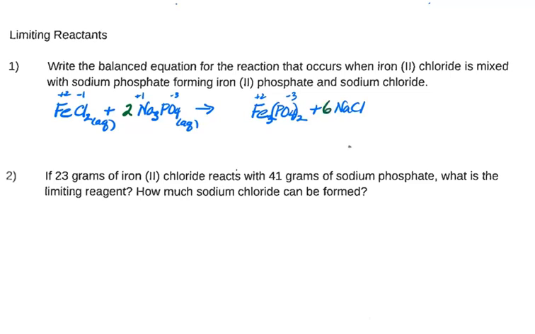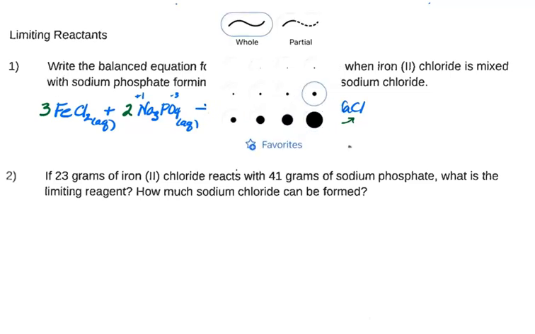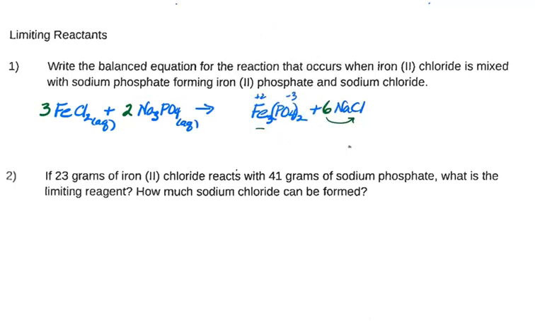So I'm going to put a 6 there. And if I look over here, I have 3 irons, so I need 3 irons there. Now that is going to give me 6 chlorines, and I have 6 chlorines, so I am balanced. Okay. So clean that up just a little bit, and there is my answer.